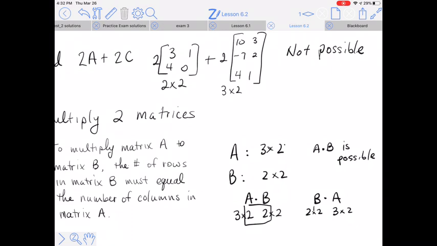So B times A, if you look here, these numbers aren't the same. Not possible. Whereas here, A times B is possible. So you always want to check the dimensions. The number of rows of the second matrix has to equal the number of columns of the first matrix.